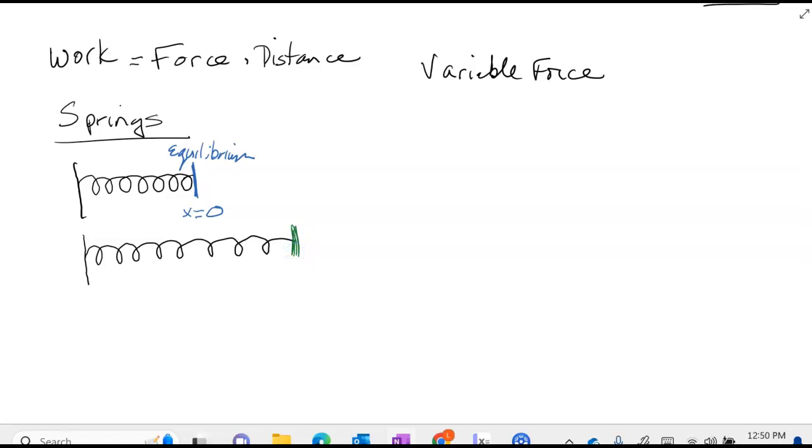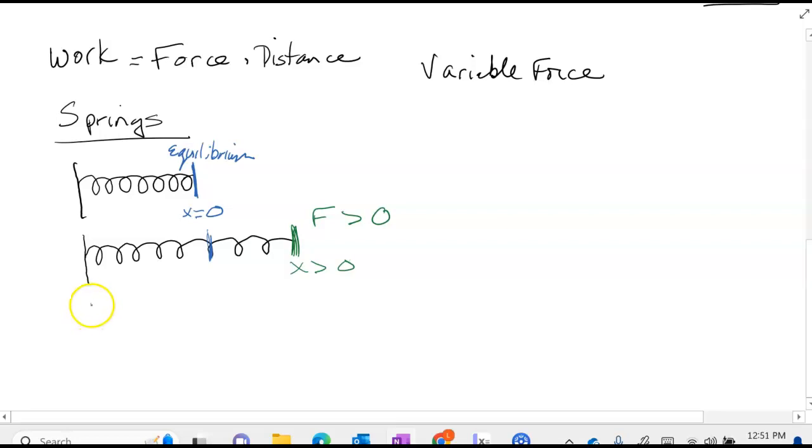So this was equilibrium, right? It's pulled out. And when it is stretched, we are applying a positive force. That positive force occurs when X itself, the position, is greater than 0 now. And the force is positive.